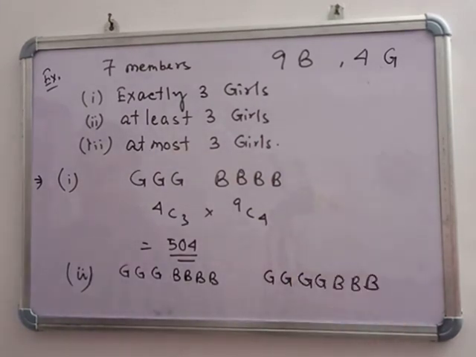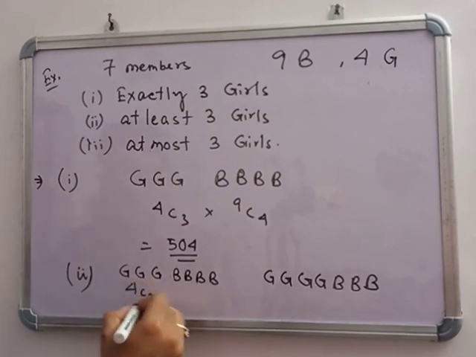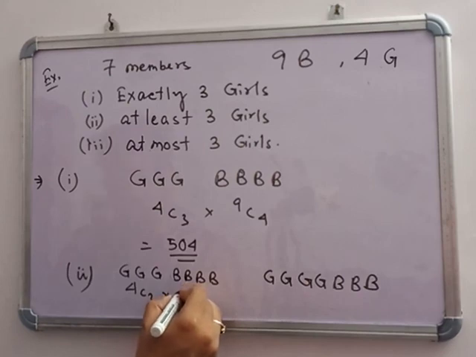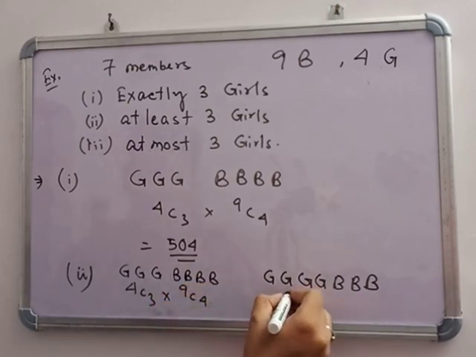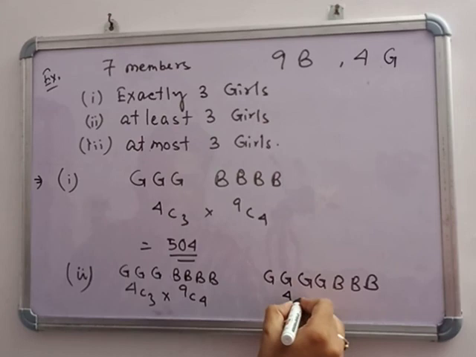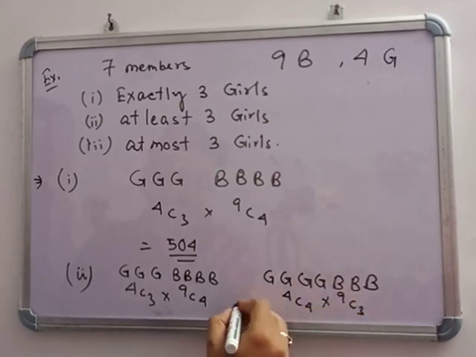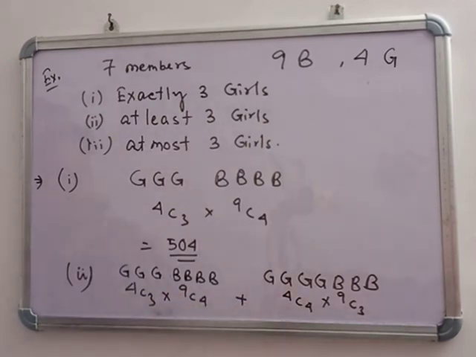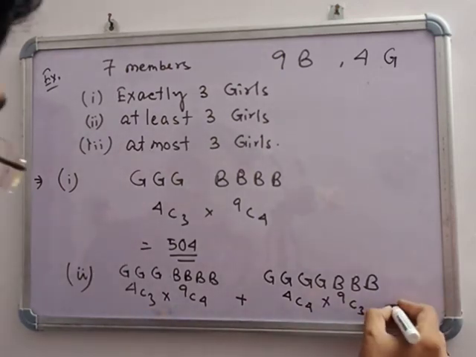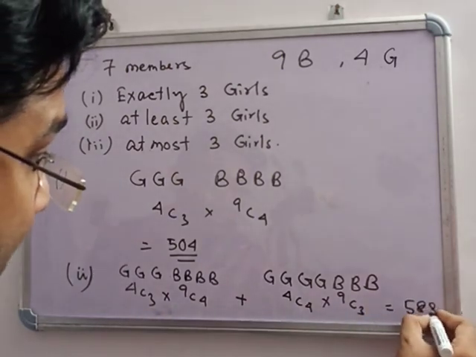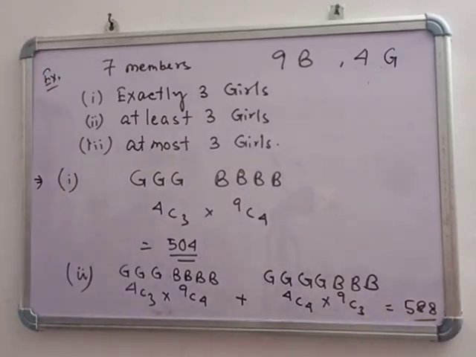So the combination is 4C3 into 9C4, and this combination is 4C4 and 9C3, plus, because both are possible. If you calculate this, we get 588 as the answer. Okay, 588: 504 plus 84.